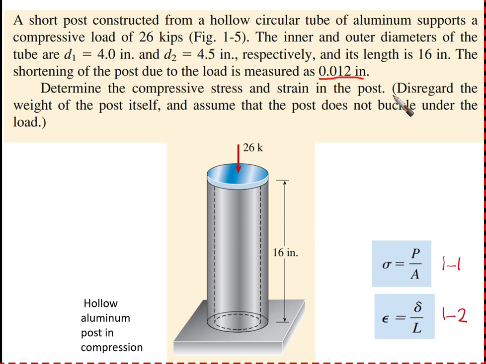Disregard the weight of the post itself. This means that we assume the post is weightless, and that the post does not buckle under the load. What is the meaning of this? Buckle means that if we look at the circular tube, it may fail by bending like this, which is buckling.